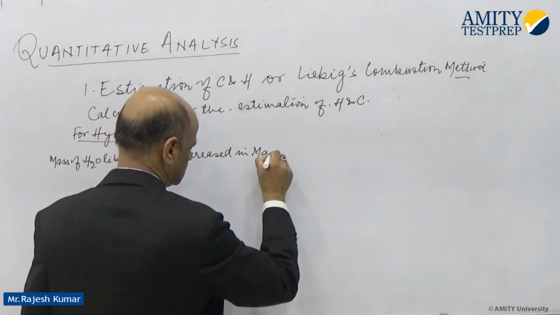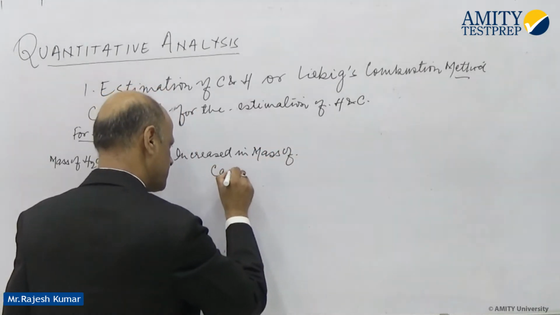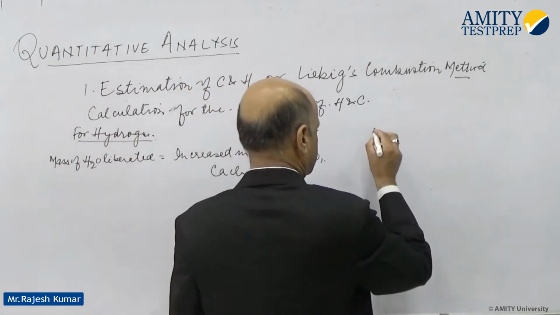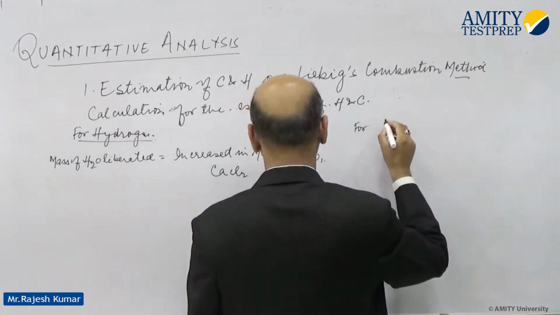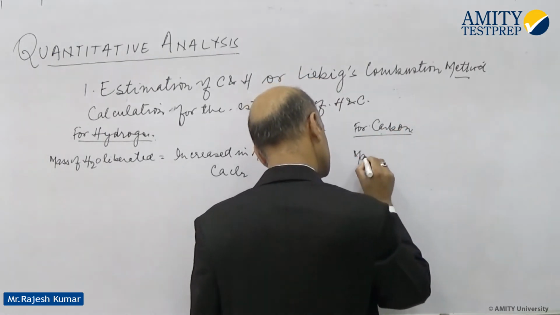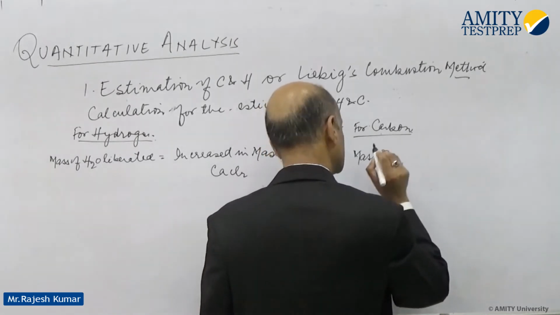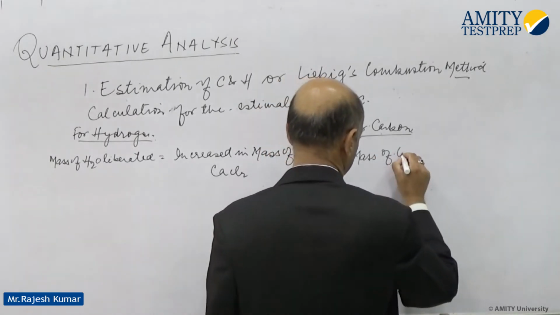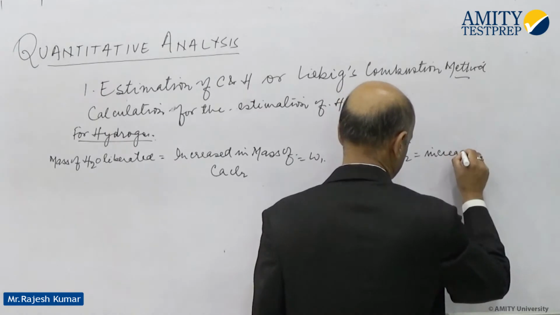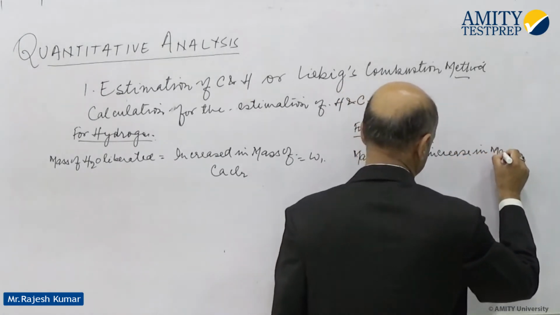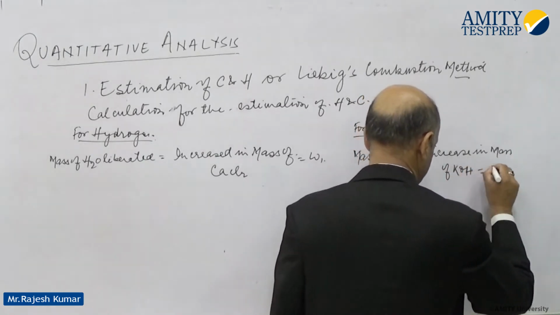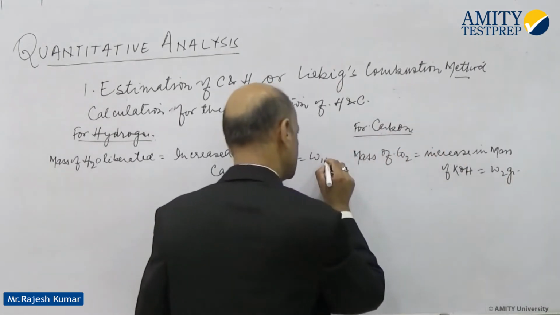Let the mass of CaCl2 increase be W1. For carbon, the mass of CO2 is equal to the increase in mass of KOH, which is W2 gram.